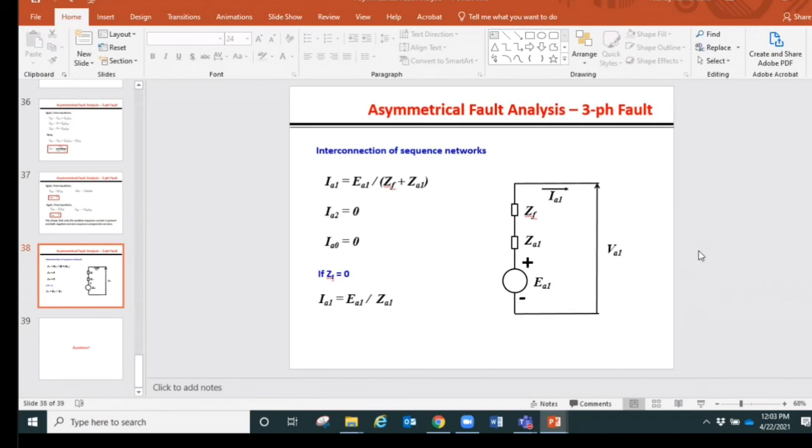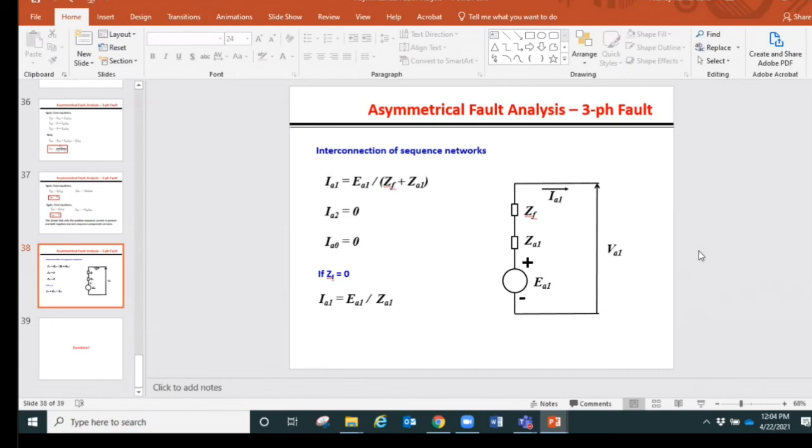They are going to be the same, because there will be no IB2, IB0, IC2, IC0, because it's a balanced condition. Although a fault has happened, a symmetrical fault is a fault where the system remains balanced even after the occurrence of the fault.